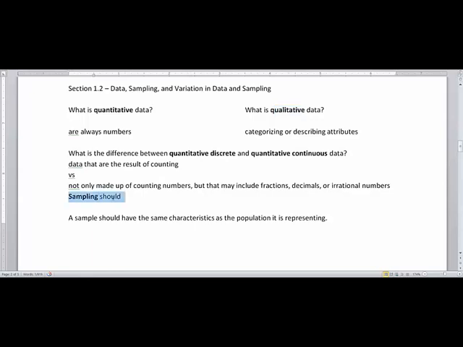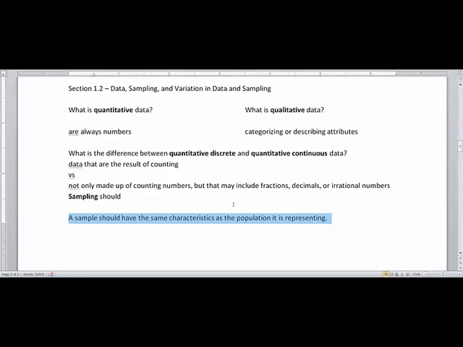Now let's talk about what sampling should be. This is a good sampling rule that should hold for the rest of the semester. A sample should have the same characteristics as the population it is representing. As a reminder, a sample is a small portion of the population. The population is the group that you're trying to estimate without actually talking to each person in the population.